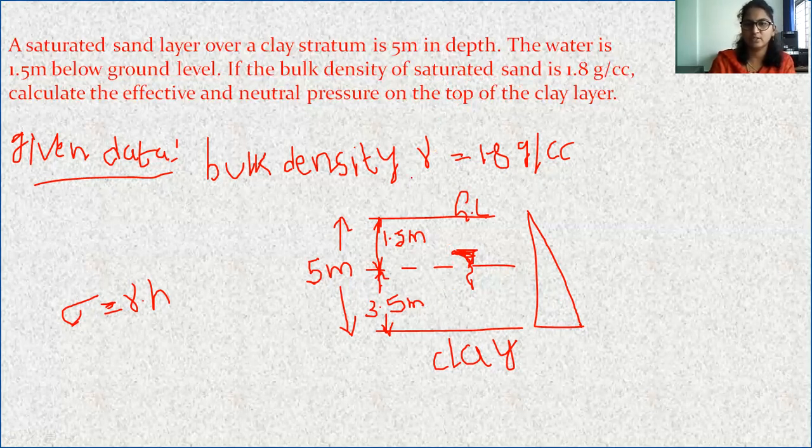So we can use gamma 1.8 for both cases, gamma into H and gamma into Z. So that is equal to 1.8 into 5.